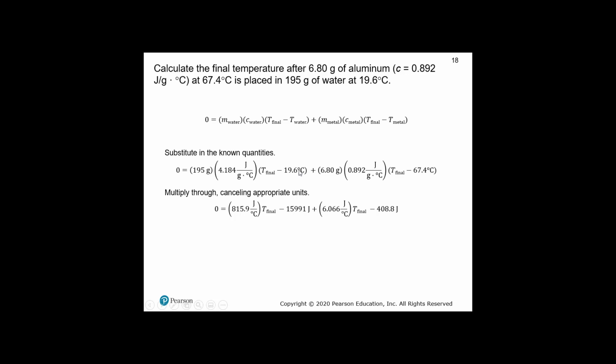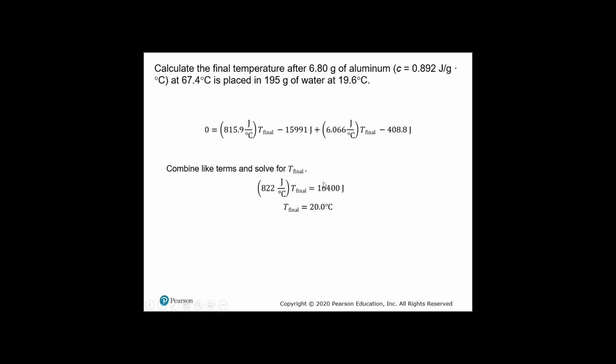We don't have the final temperature, but we have the initial for the water. Same thing goes for the metal. And then basically you just start multiplying and canceling until you get to a specific point that's going to clear this out. I call it housekeeping. Then you just keep going till you get your value, and eventually you're going to get a value that's going to get you to 20 degrees Celsius.